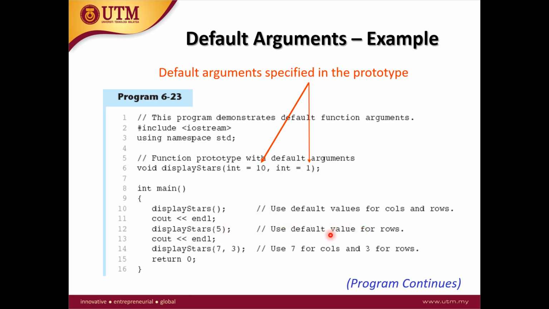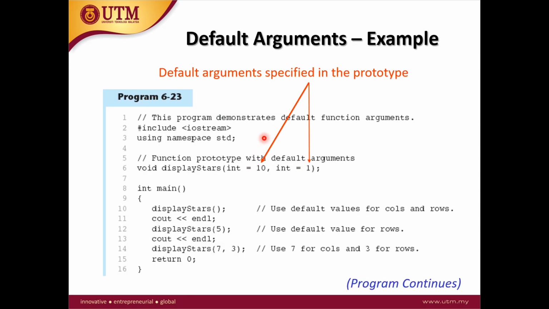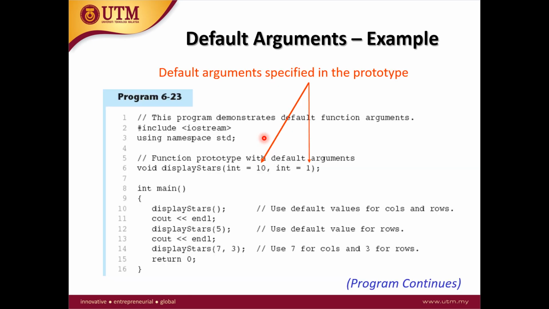The column is going to be the default one, which is 10, and the rows is going to be how much? 5. Okay, and here we are saying, sorry, this one is going to be applied for cols. So the first value is going to be changed with this one, this 5, and the rows is going to be default, which is 1.